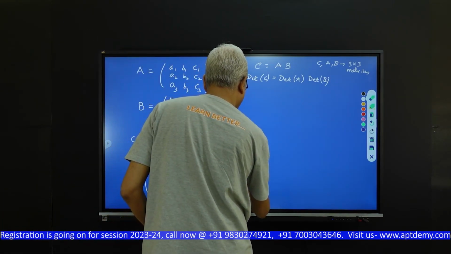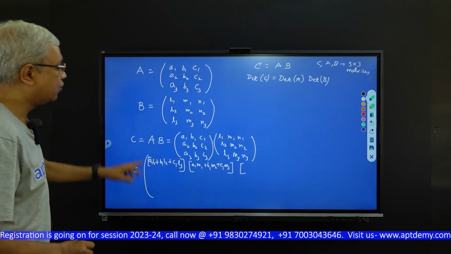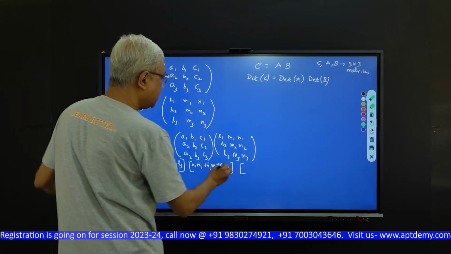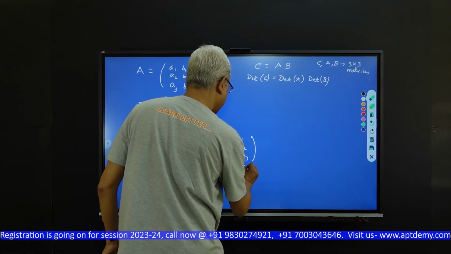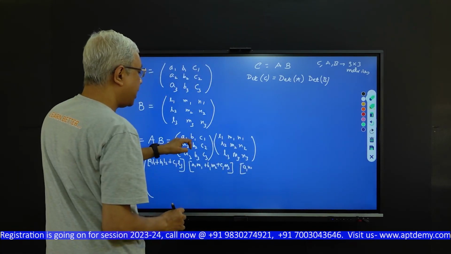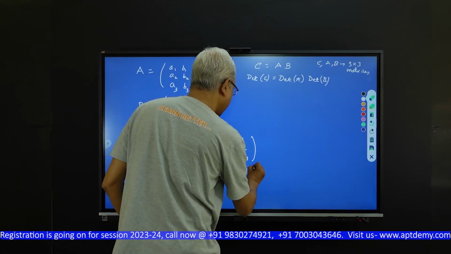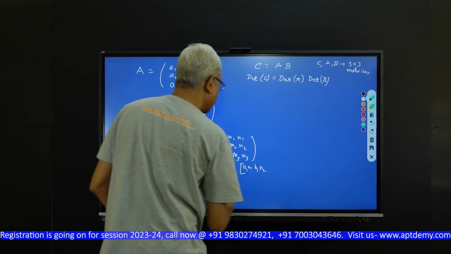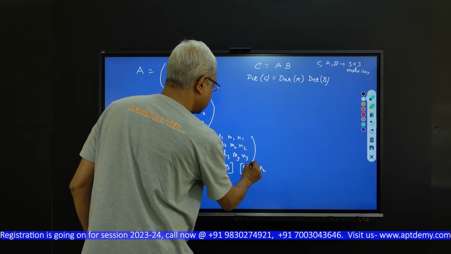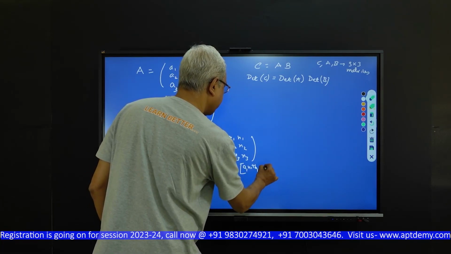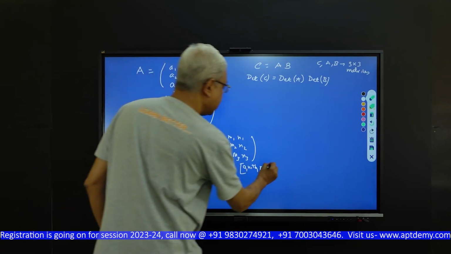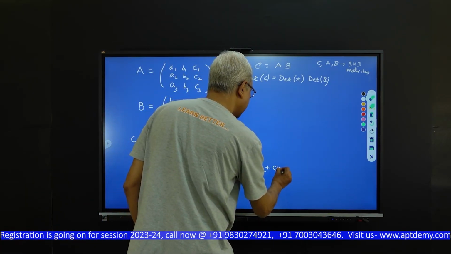And first row, third column will be A1 N1 plus B1 N2 plus C1 N3.